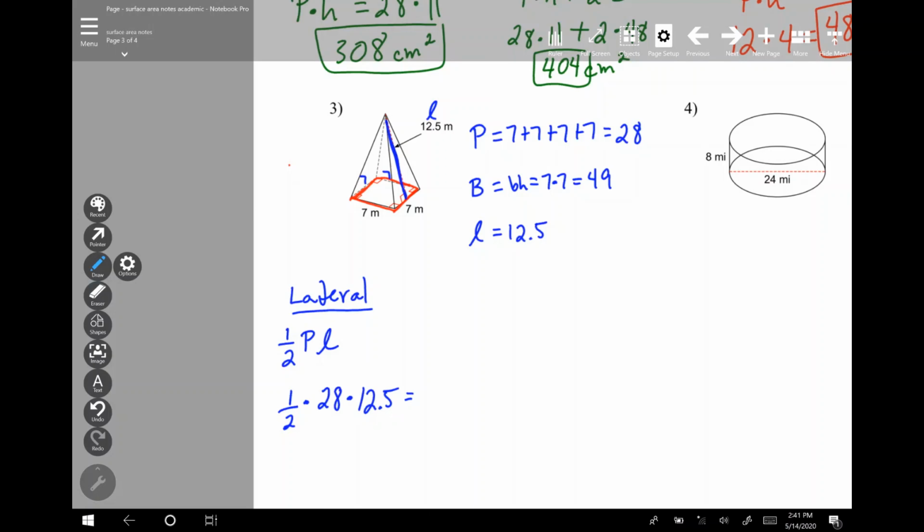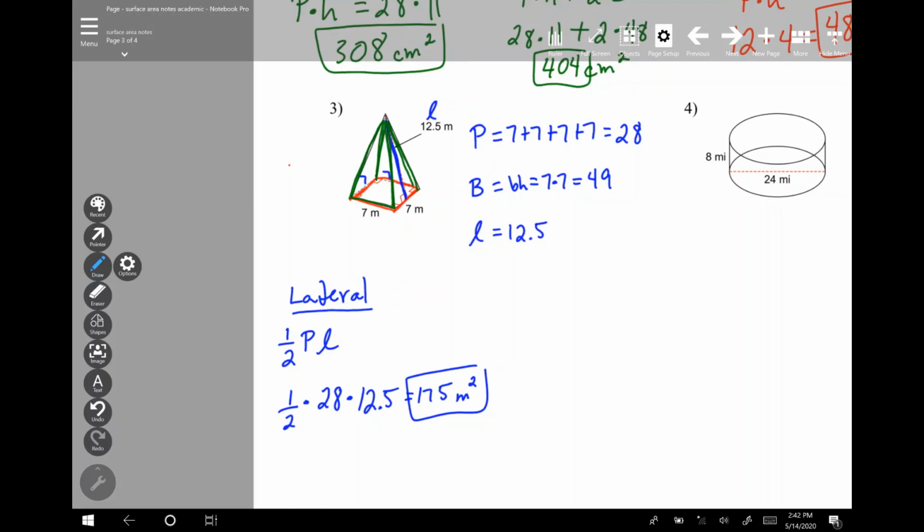Okay, and remember 1/2 is 0.5, so 0.5 times 28 times 12.5, and you will get 175 meters squared. And that's the lateral. Okay, and by the lateral, let me shade that in really quick. By the lateral, I'm meaning just these 4 triangular faces here. So all these sides that are pointing up. Okay, that would be the lateral.